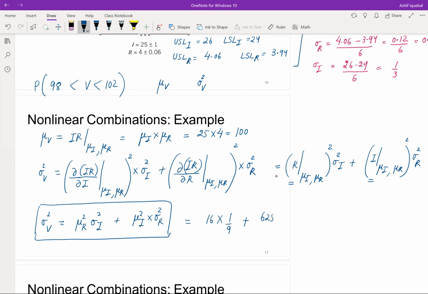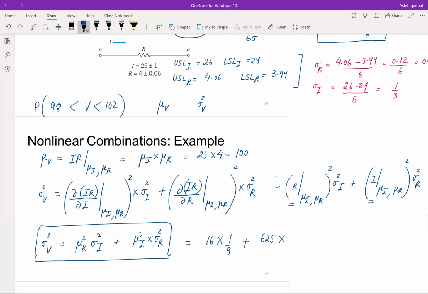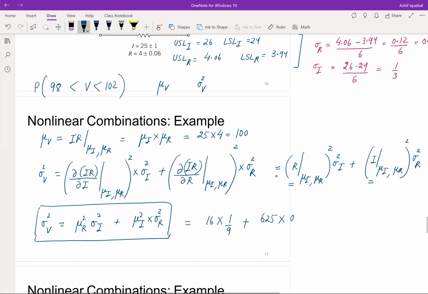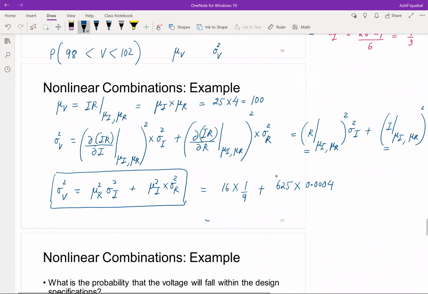So this is 625 multiplied by sigma square R, which is 0.02 square. So this is 0.0004. So when you calculate this, I think you will get 1.99.